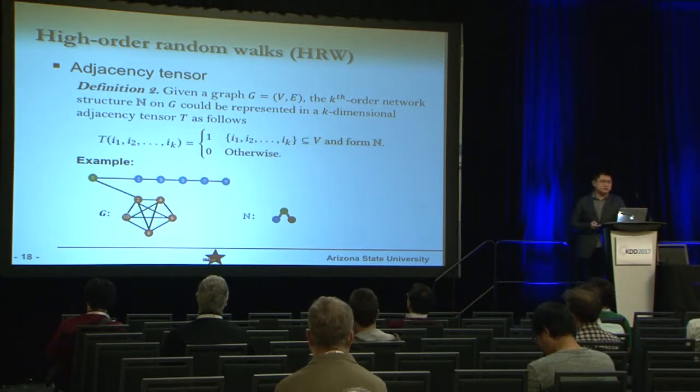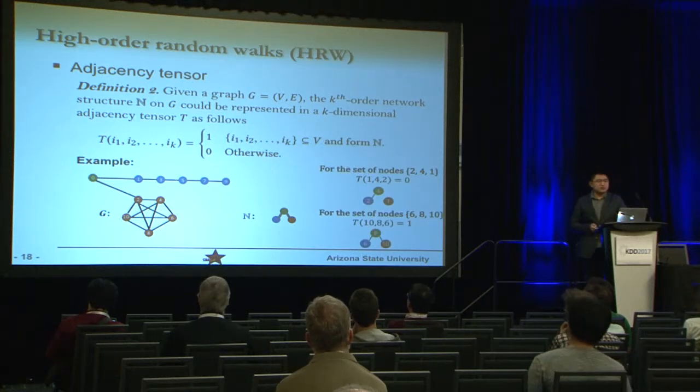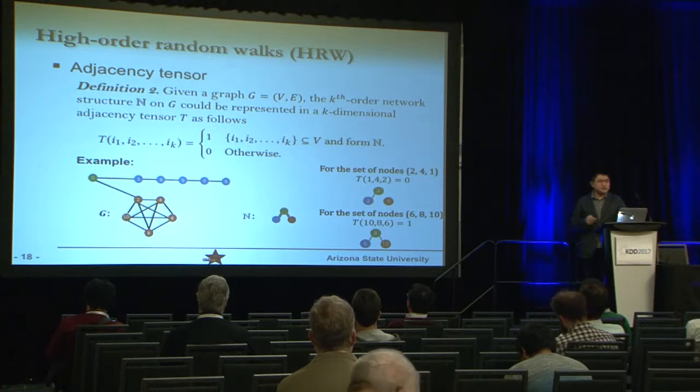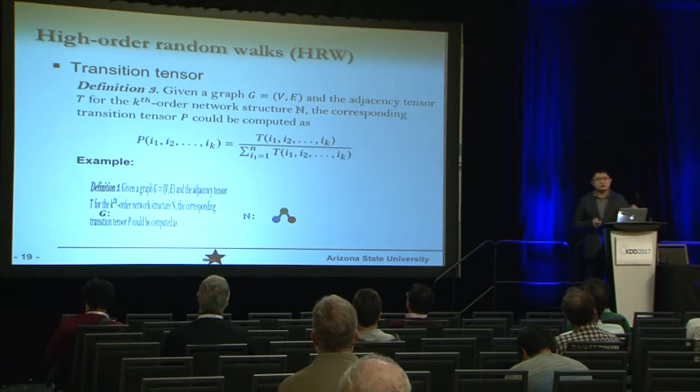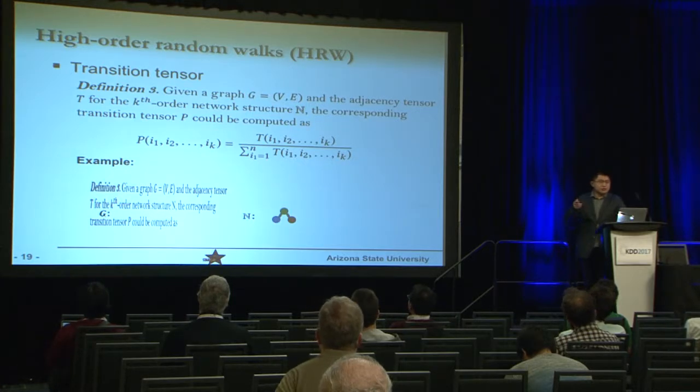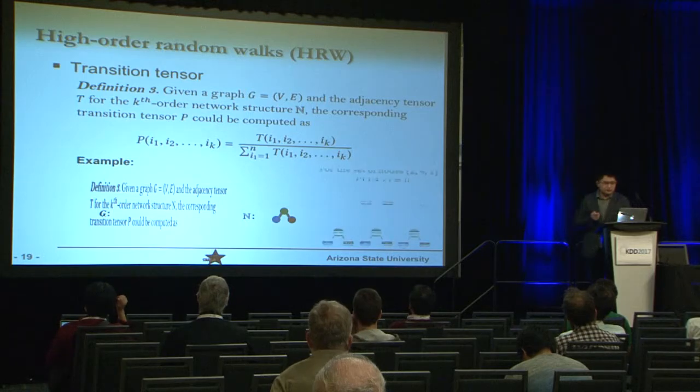Using the previous example, for the set of nodes 2, 4, 1, the entry equals 0, since node 2, node 4, node 1 cannot form a 3-node line in the given graph. And for the set of nodes 6, 8, 10, the entry equals 1, since they do form a 3-node line in the given graph. And here is the definition of the transition tensor. Basically, the transition tensor is the column-wise stochastic version of the adjacency tensor.